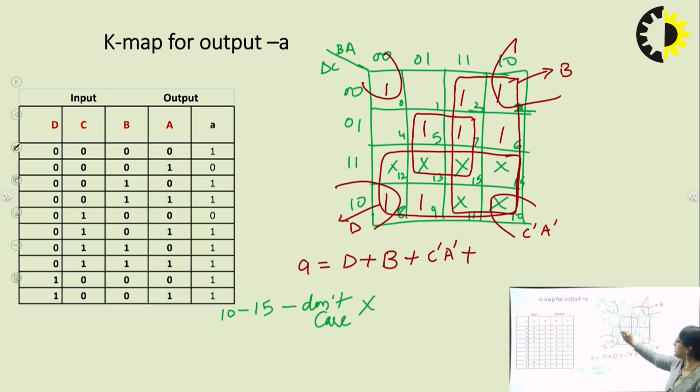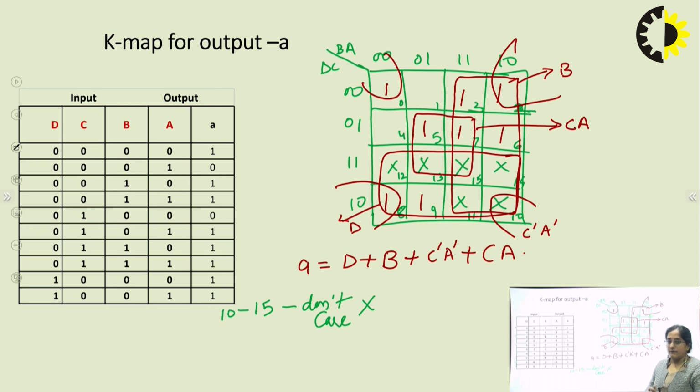It is 0 there. These two are 0. So we can't make it an octet for this one. So for here, we are remaining left with C and A. So for A, we will find this as the minimized expression.